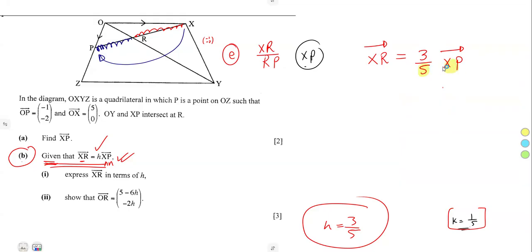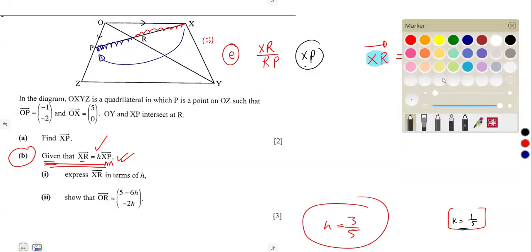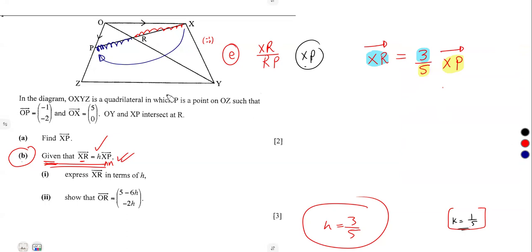5 corresponds to what you are multiplying, the denominator. The 3 here represents what you are calculating here. XR is the 3 parts. So from the diagram here, XR is the one that carries what? 3 parts, from X to R. It carries 3 parts of that 5 parts that we are seeing here.